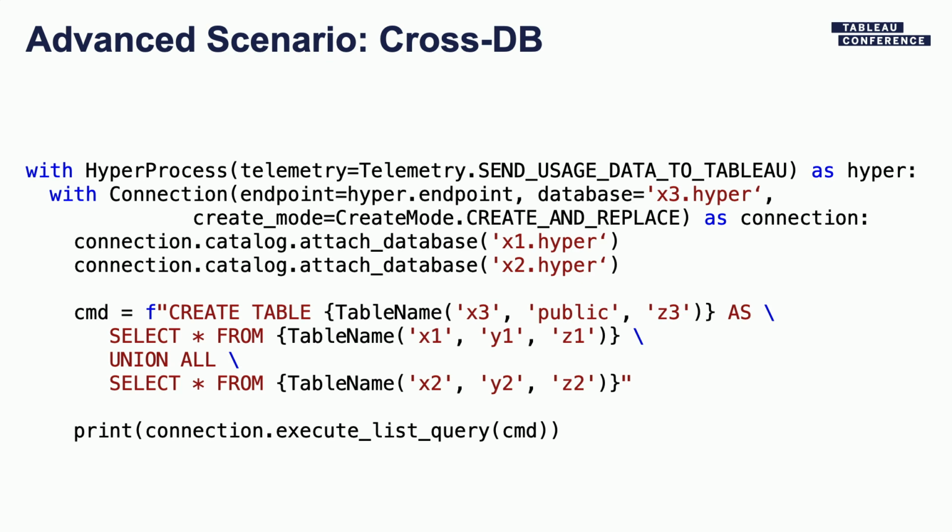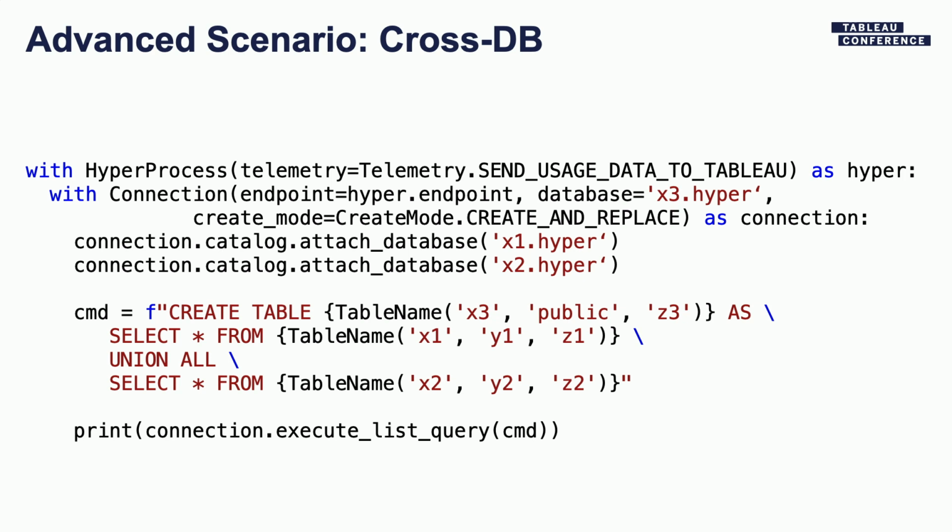And now we create the table in database x3 in the public namespace. This table is named set3. And we use this create table as SQL construct, which automatically creates the table according to the schema that is in the following select query.